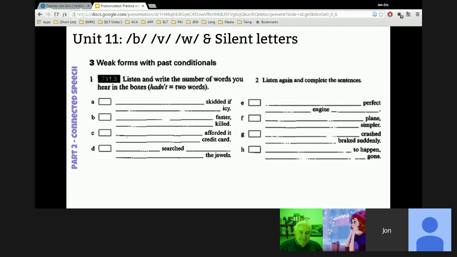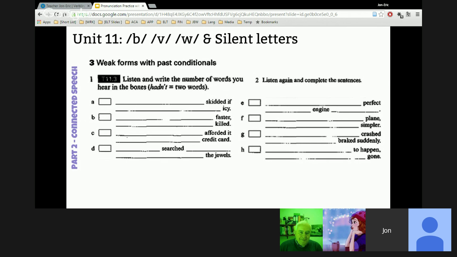Okay, and now you can see the sentence that I just said in the chat window, Salwa. If they have searched it more carefully, they might have found the jewels. Right, right. But you're not reading what you're seeing. You're reading what you're thinking. What you see is, it doesn't say if they had, Salwa. It says if they'd.